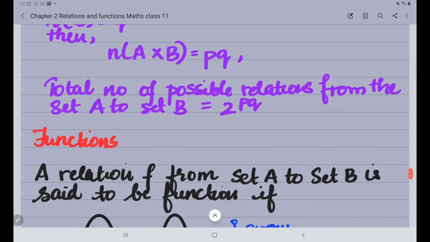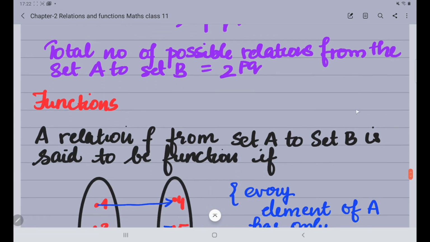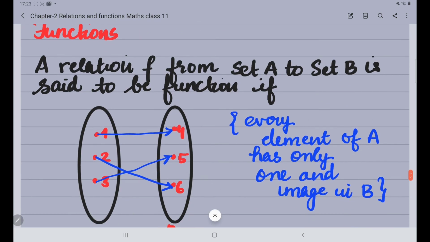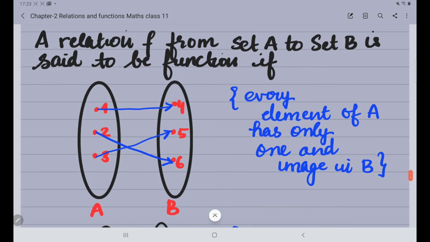Now let's understand more about what functions are. A function is a special kind of relation where a relation f from set A to set B is said to be a function if every element of set A has only one image in set B. You can see here in the example, 1 is related to element 4, 2 is related to 6, and 3 is related to 5.